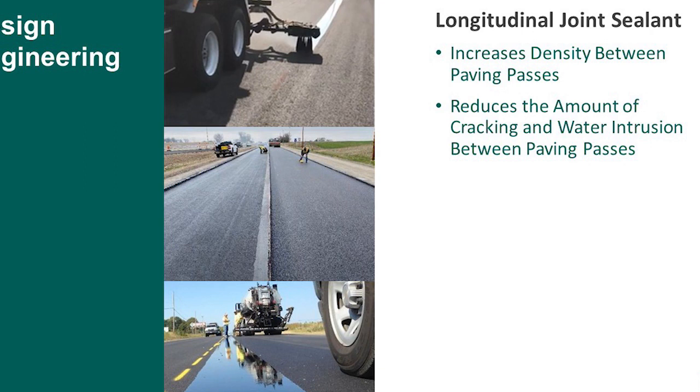It increases the density of the pavement there and prevents the water from getting down deeper into the binder and then eventually into your base. So a lot of projects are using this these days. We use it quite a bit. IDOT's using it now. It's definitely a good method to keep those joints dry.